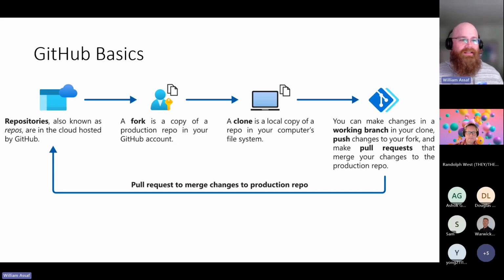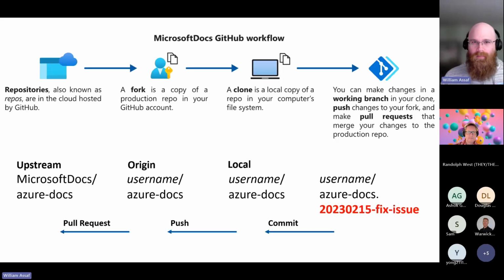But here's how the basic GitHub workflow works. So a repository like Azure Docs, we work in SQL Docs a lot or in Fabric Docs a lot. These are all different repositories. This is where the source code is housed and where the website engine for learn.microsoft.com pulls Markdown to present a live picture to you in the website of the doc, right?